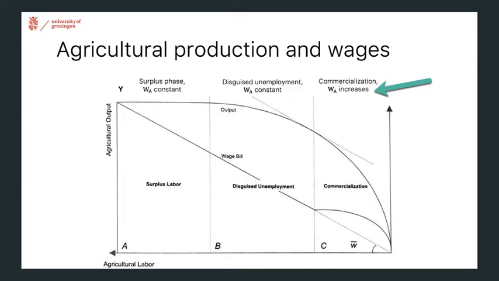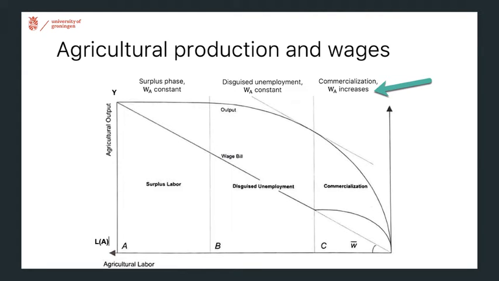Let's call that Y. And secondly, we have agricultural labor down here. Let's call that L, or better yet, LA for agriculture. So when we're all the way at the left-hand side, then agricultural labor is at its peak and production is at its maximum, call that Y.